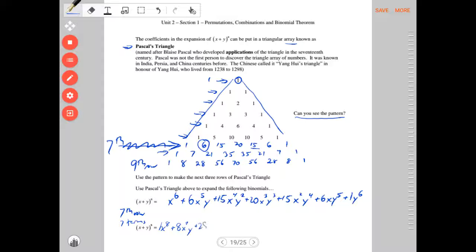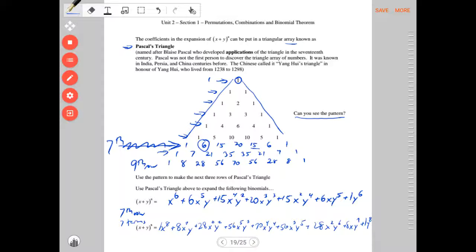So then plus 28 x to the 6th y squared, plus 56 x to the 5 y to the 3, plus 70 x to the 4 y to the 4, plus 56 x to the 3 y to the 5, plus 28 x squared y to the 6th, plus 8x y to the 7th, plus 1y to the 8th.